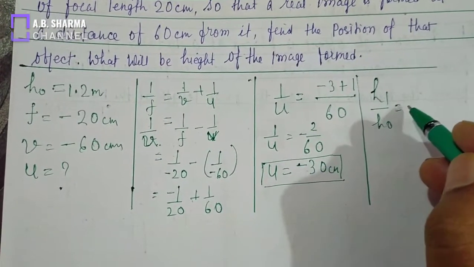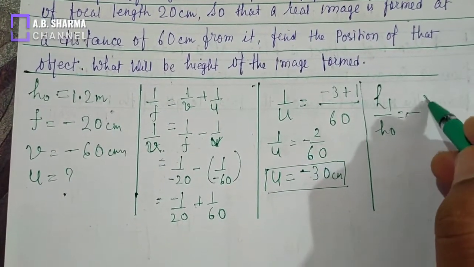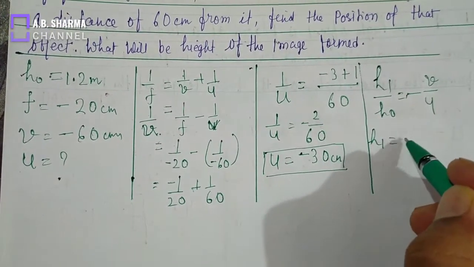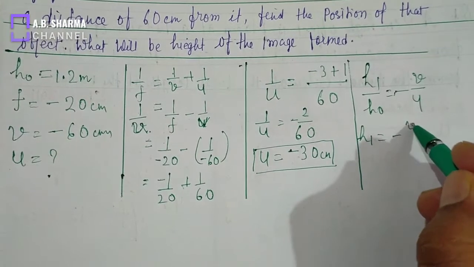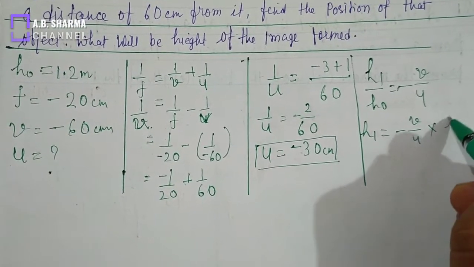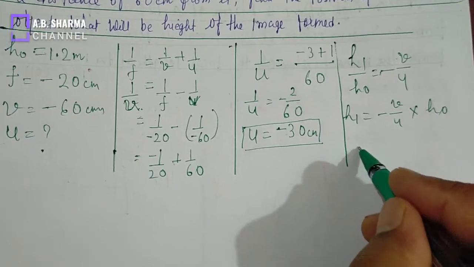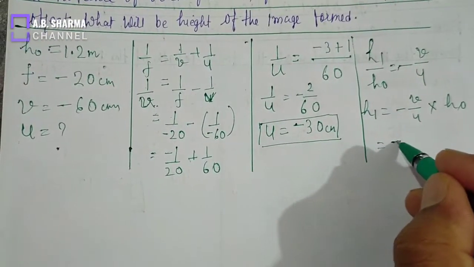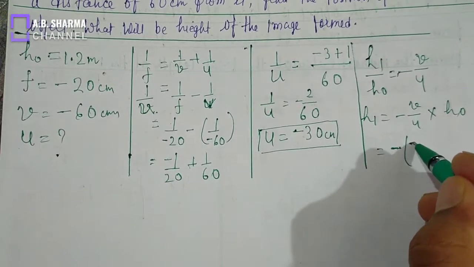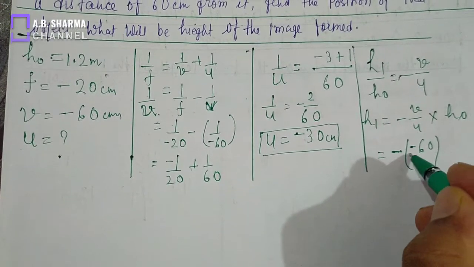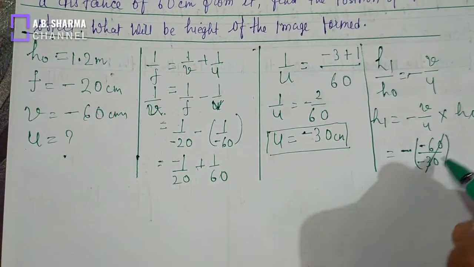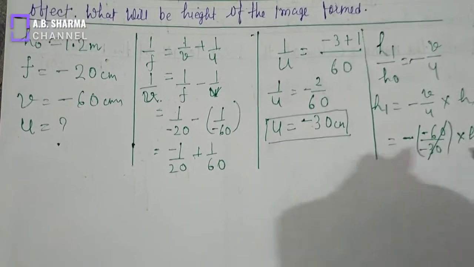So hi upon ho equals minus v by u, or hi equals minus v by u into ho. So v equals minus 60 and u equals minus 30.